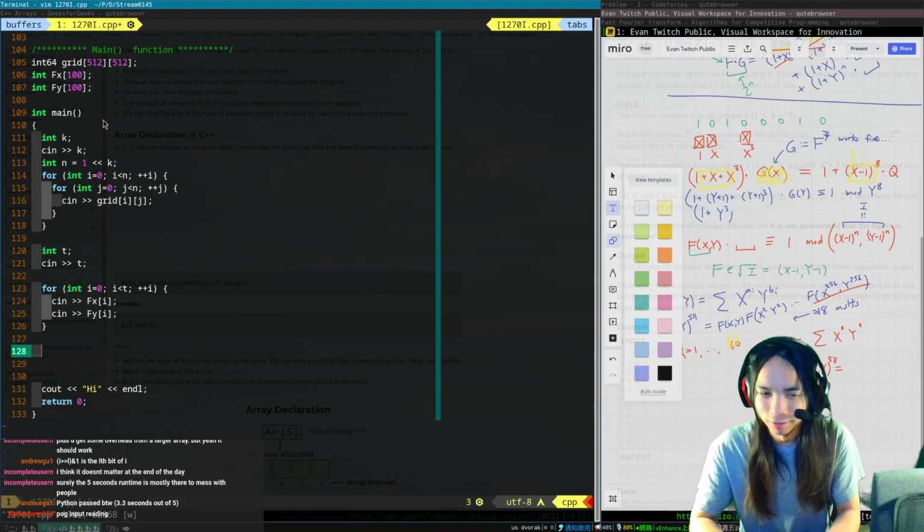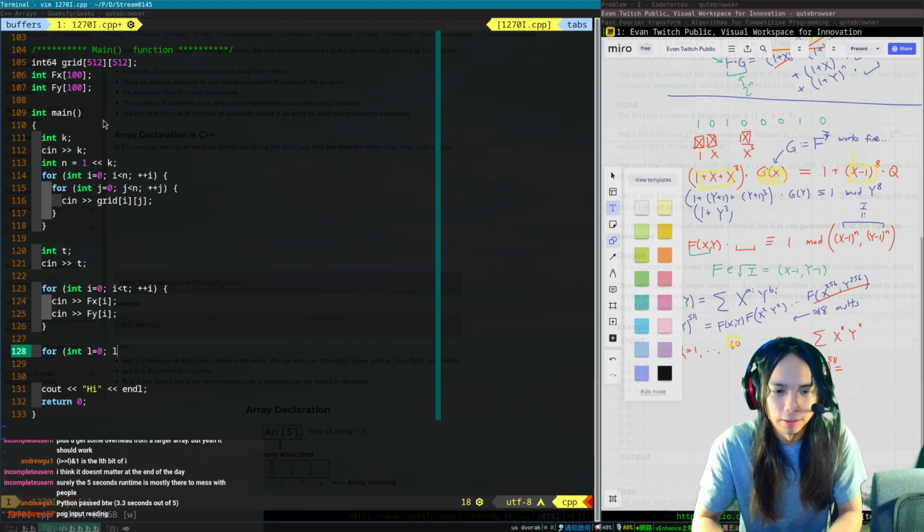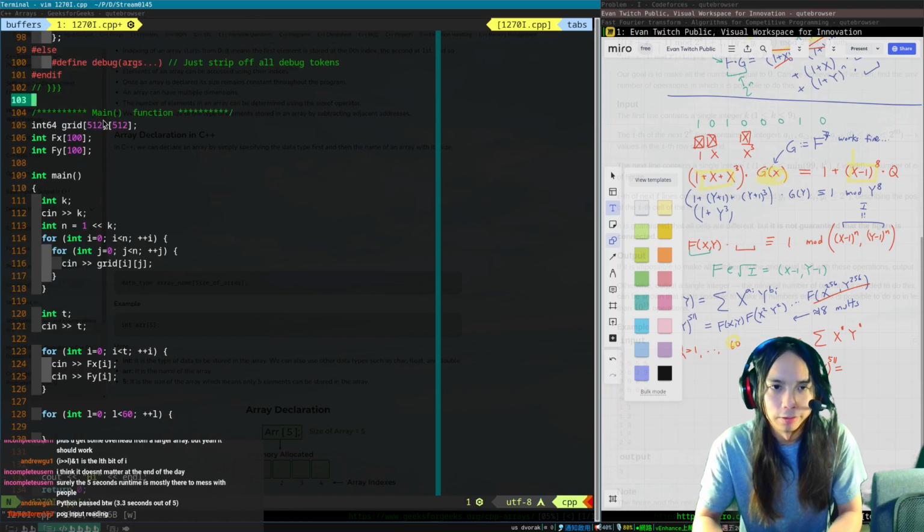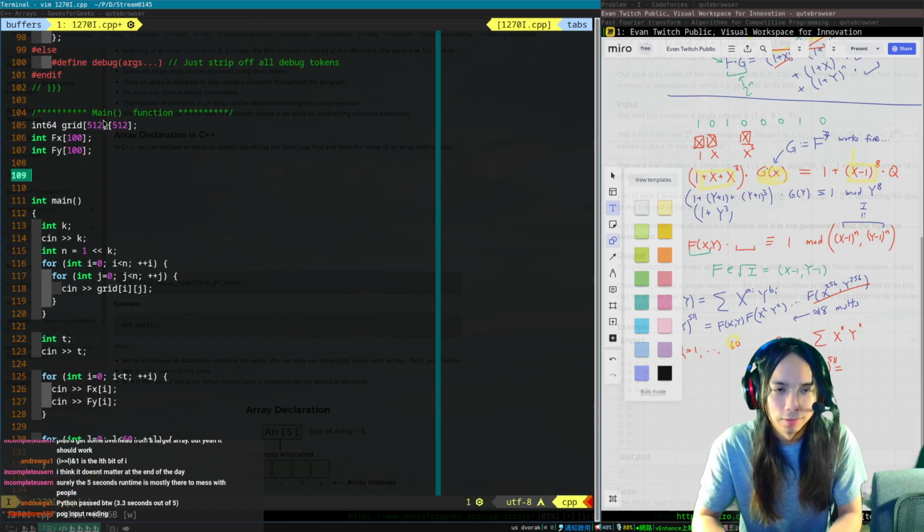Okay, so we're going to start with the, okay, so for int l equals 0, l less than 60, plus plus l, we're going to start by initializing the grid based on something, whatever.